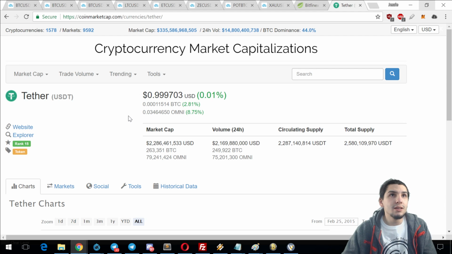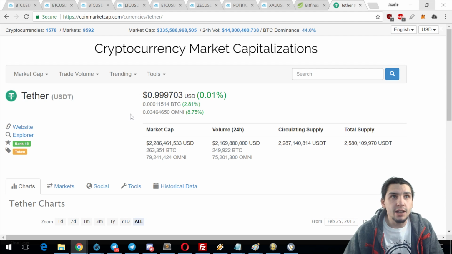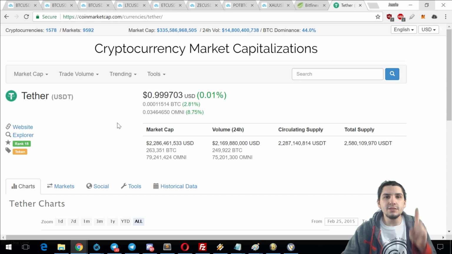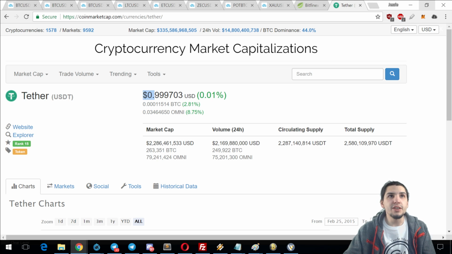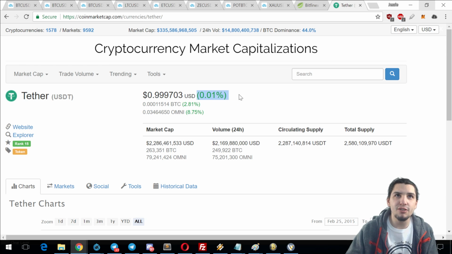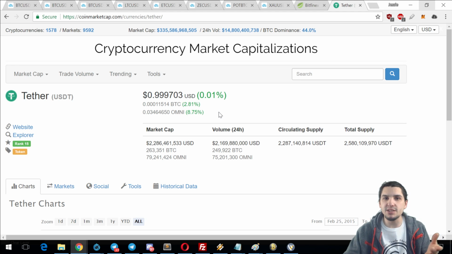And you see that if it was truly linked 1-to-1, all right, 1 US dollar equals 1 USDT, then this value should be precisely 1.0000000 USD, and this should always be 0.00% because it should never fluctuate, right? Does that make sense? 1 USD Tether should always be exactly 1 USD.